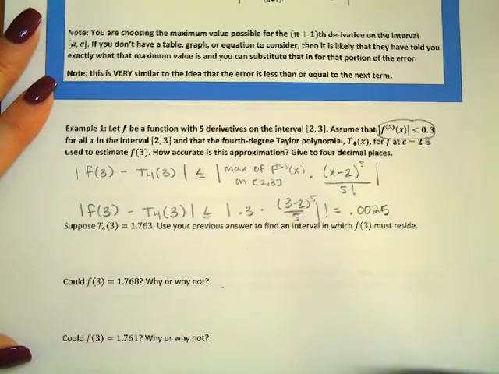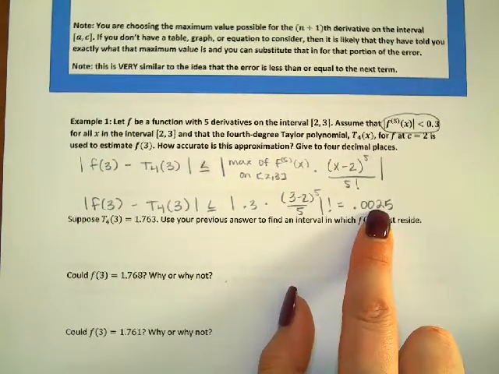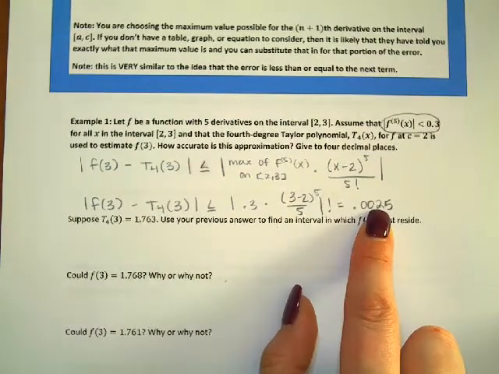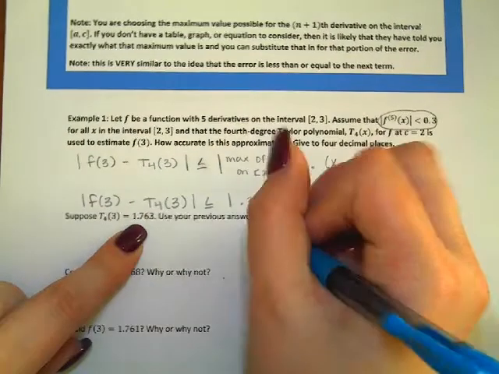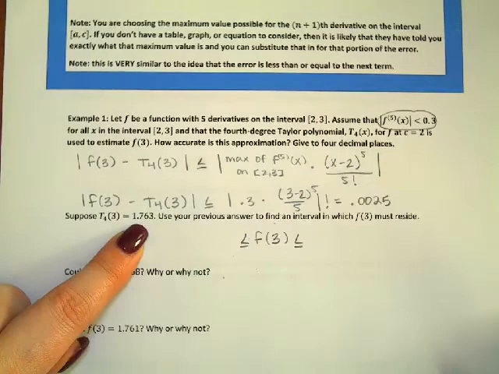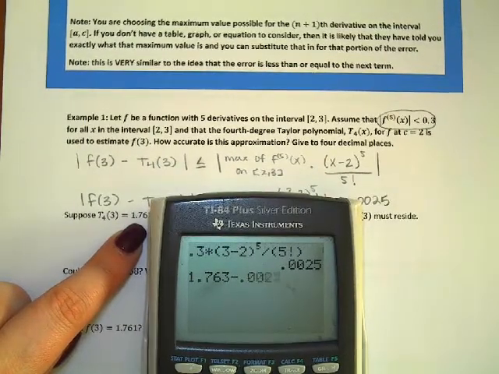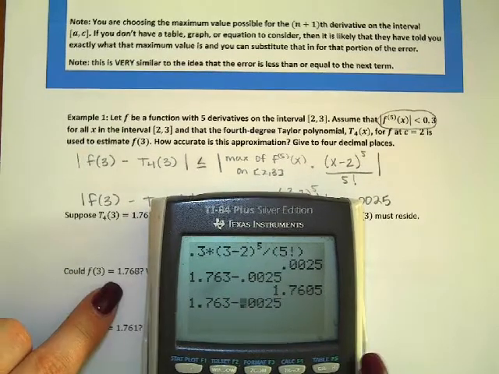Okay. They want us to use this answer to determine the interval that the evaluation should be in if this was the approximate value. So we're going to say, okay, if we want to know what the actual value is, 1.763 minus 0.0025, and then plus.